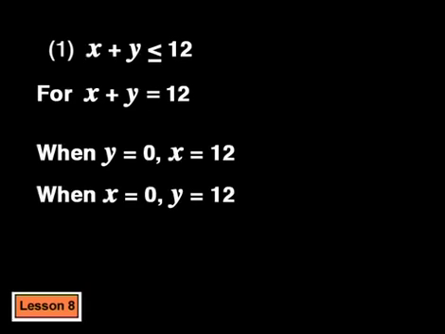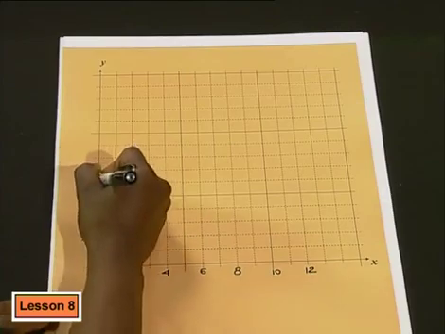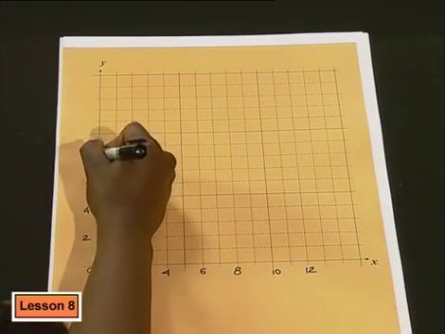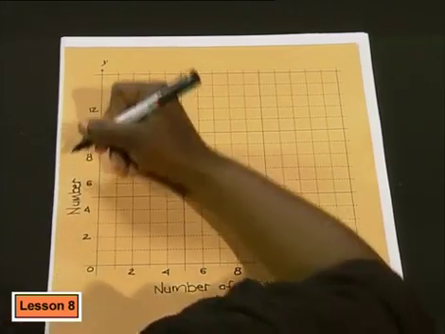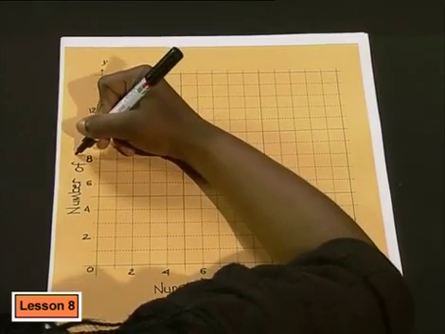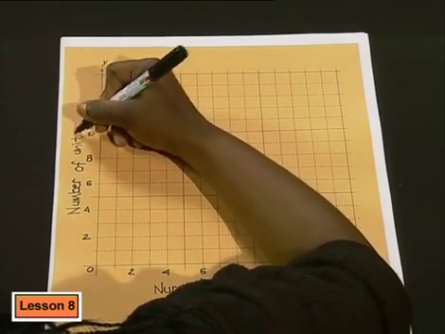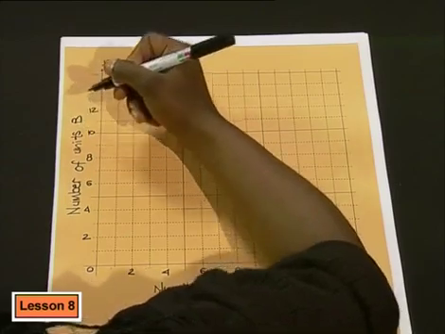Now let's decide on the scale. The largest x-intercept is 12 and the largest y-intercept is also 12. So let's mark off the numbers from 0 to 12 on both axes. That will fit the graph paper well and will give us graphs that are big enough to read easily.